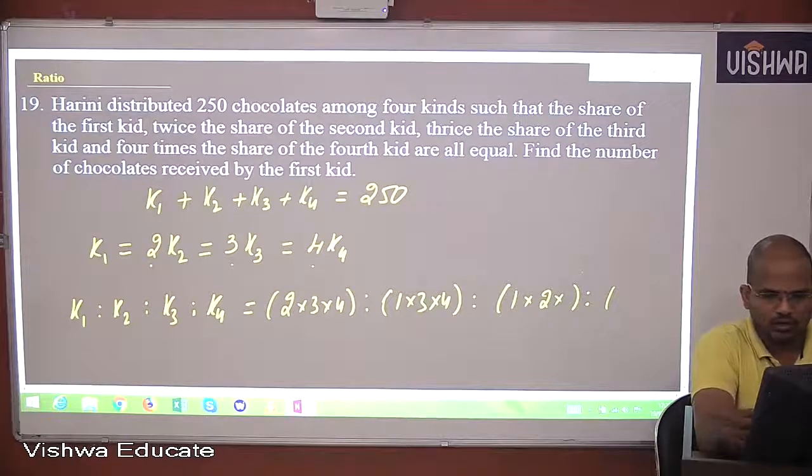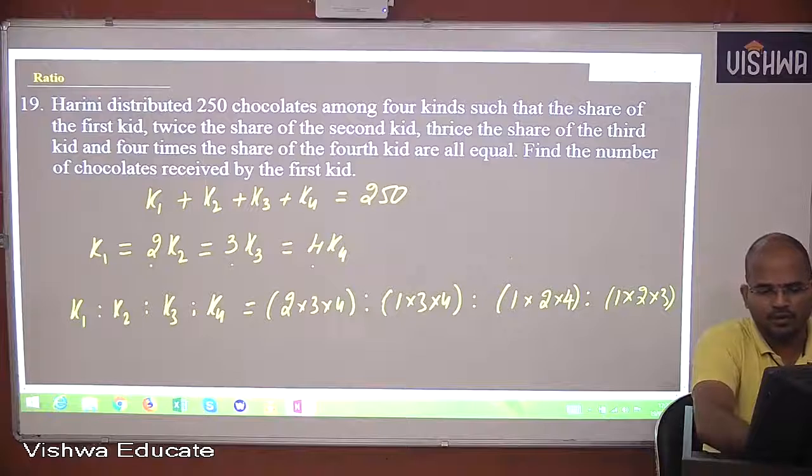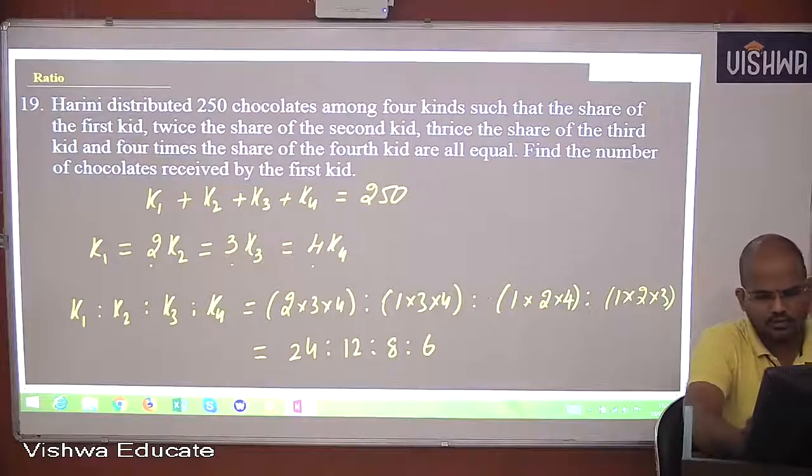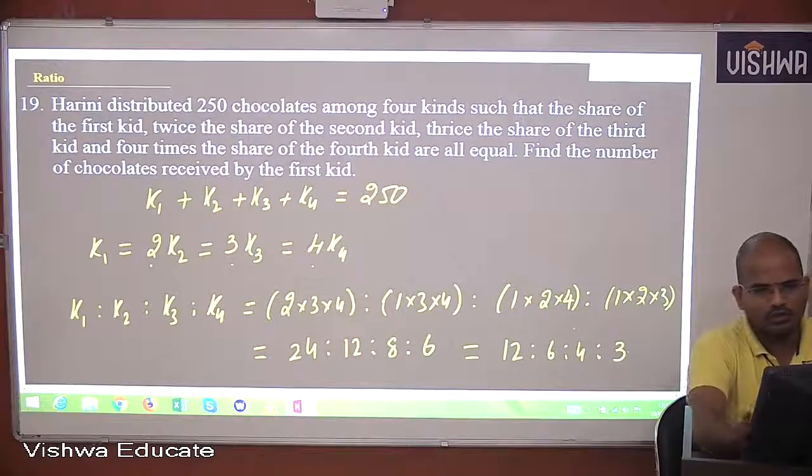My mistake. K4 is 1 into 2 into 3. We have done this already in the topic, right? So that is 2 3s are 6, 4s are 24, 12, 8, 6. So that would be 12 is to 6 is to 4 is to 3.